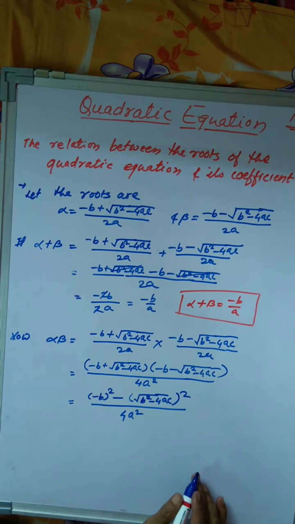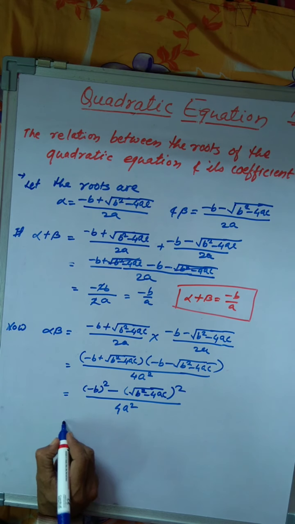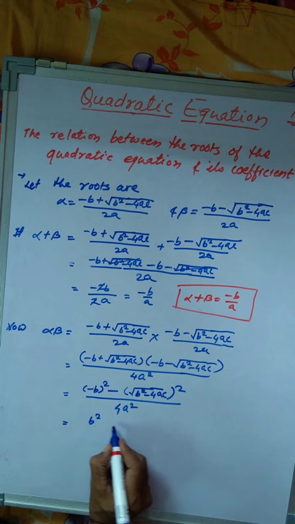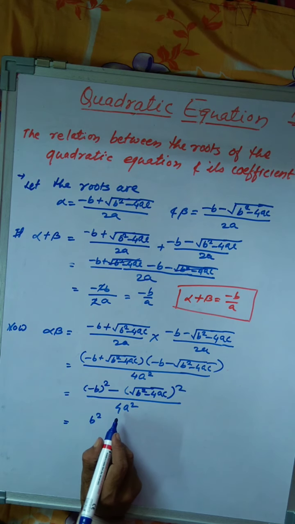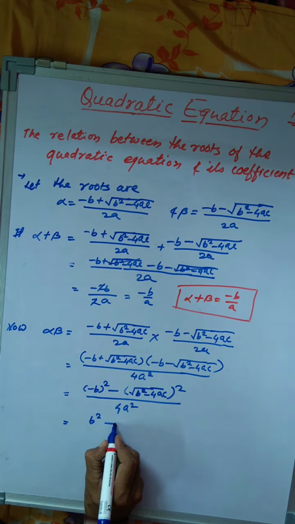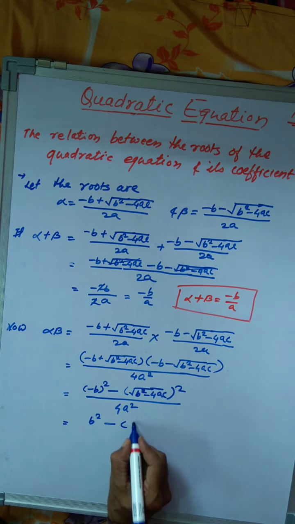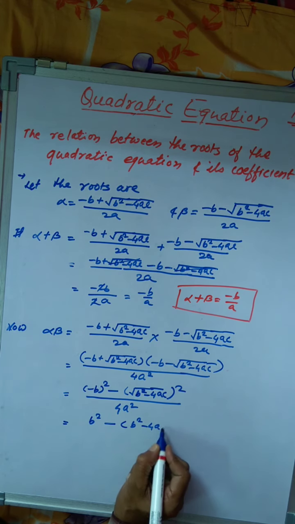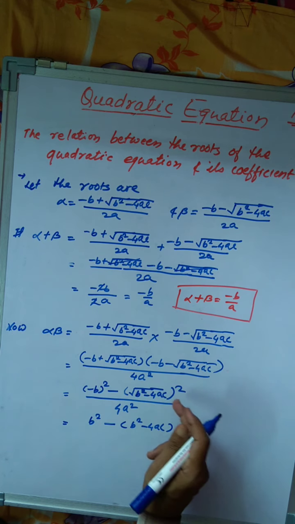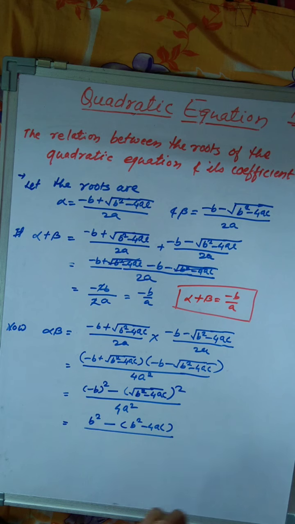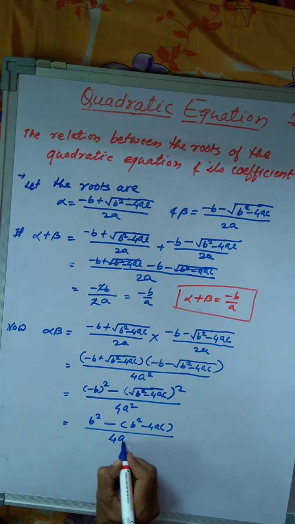Hence the square of -b is b², minus, we remove the square root, we get b² - 4ac, because the square of the square root is that value only, upon 4a².